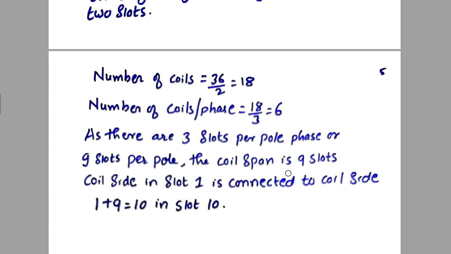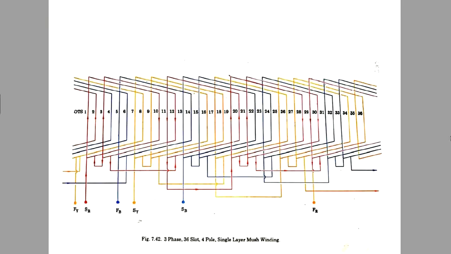If the coil span is 9 slots, coil side in slot 1 is connected to coil side in slot 10. As you did in the lap winding, 1 plus 9 is 10, 2 plus 9 is 11, 3 plus 9 is 12, the same thing is done here.